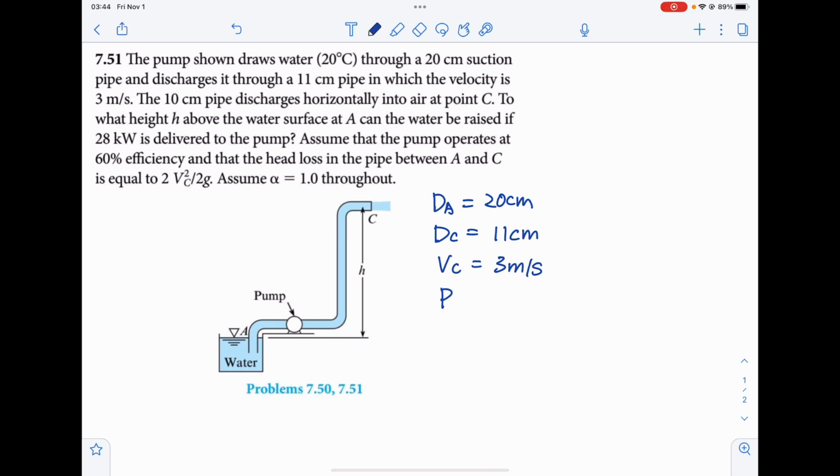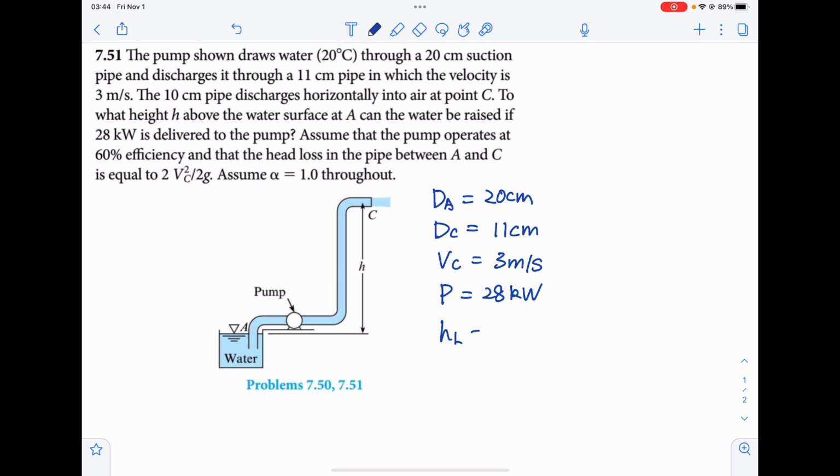Okay. And the head loss is equal to 2 times the velocity at point C squared divided by 2g. And the efficiency of the pump is 60%.